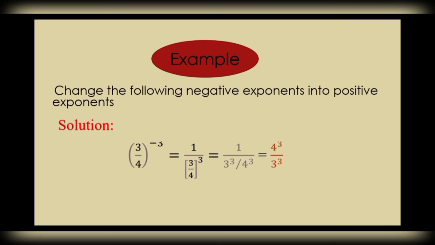By using the negative exponent law, we can write it as 1 by 3 by 4 to the power of 3. The power becomes positive by taking its reciprocal. Now by using the quotient law, we can write it as 1 by 3 cubed divided by 4 cubed, which is equal to 4 cubed divided by 3 cubed.